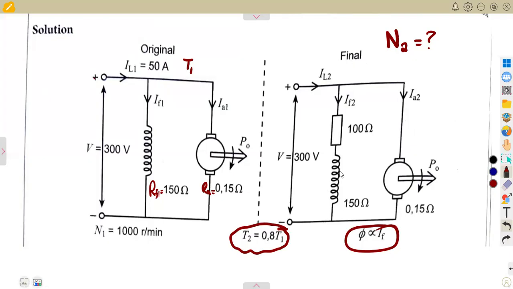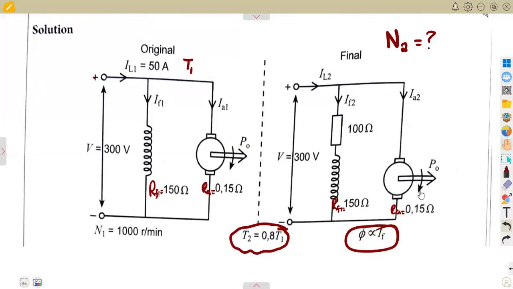So this is what you're going to have. You draw your diagrams, you put in your values. Remember, this is the extended resistor that we connected in series. You can write it as Rx or R additional, whatever you want. Then this is the field resistor, which is the same, does not change. Armature current is not even affected.